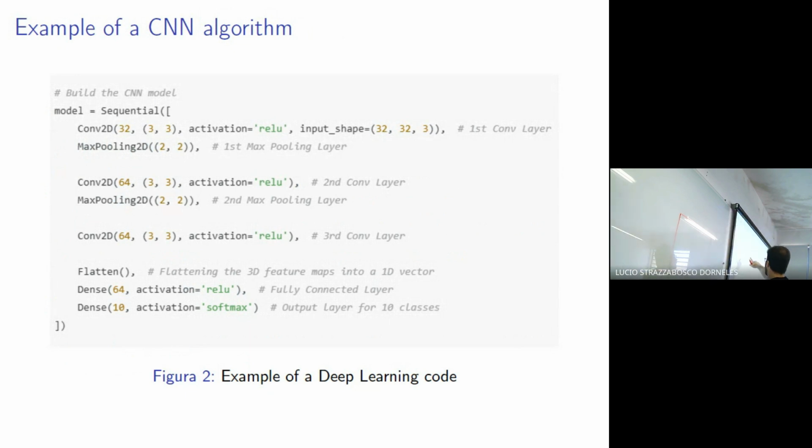Kernels are this first number. The second number is the size of the kernel, the window. That means you have a 3 by 3 window that we can then apply in each part of this feature map.